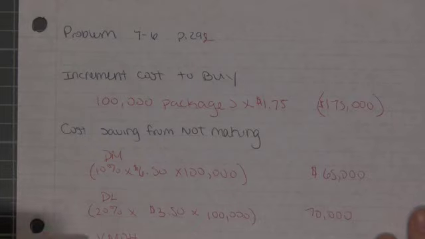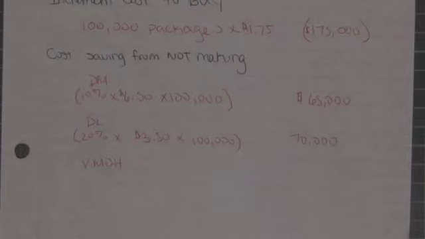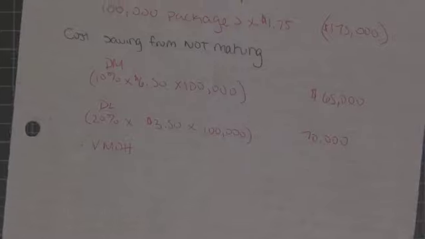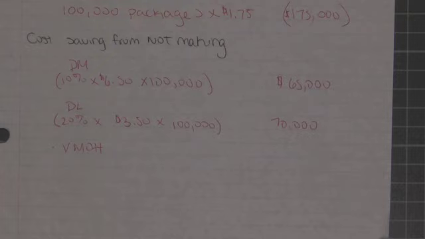For variable manufacturing overhead, I'm actually going to do a calculation because, as you can probably see from your book, they just gave you overhead and it's got fixed and variable together. So this is the twist in this problem. We have to find out how much of that's variable and how much of that's fixed.